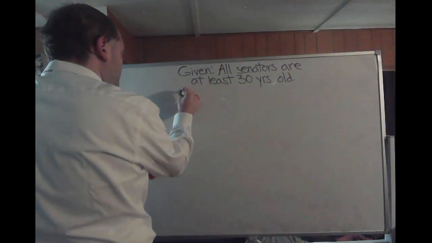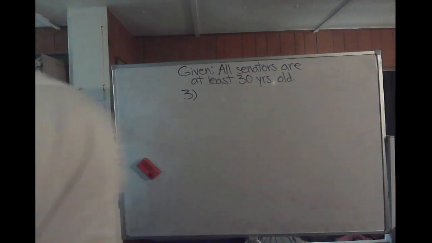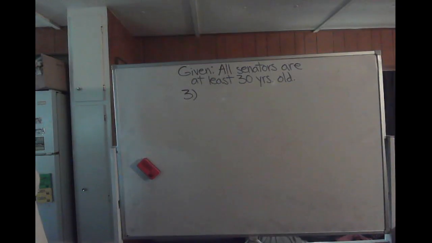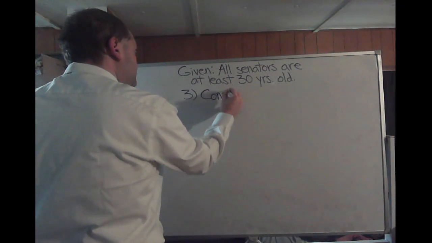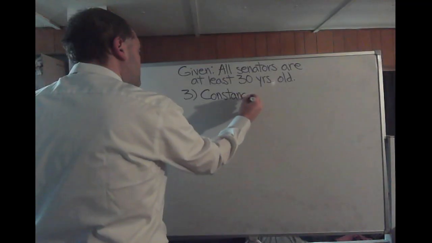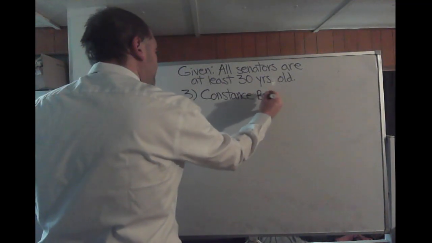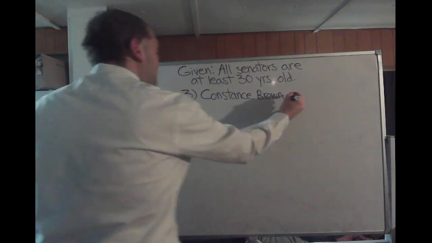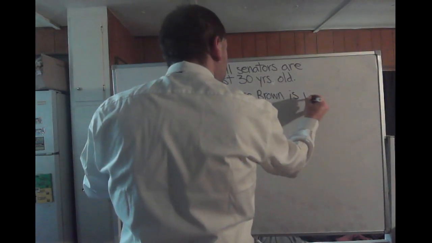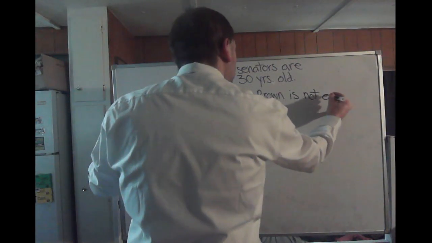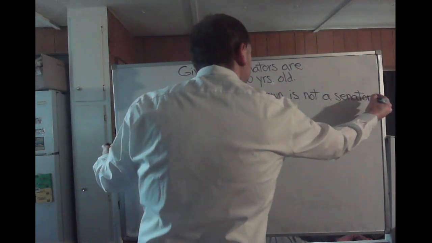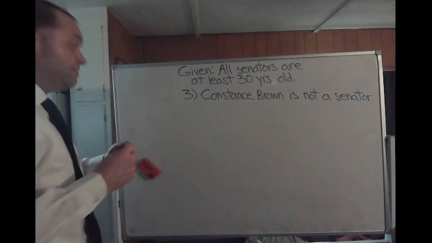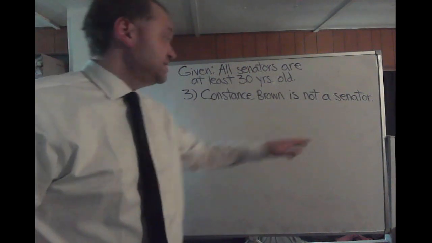Now, 2 more additional statements, then we're done for the day. So the third statement is Constance Brown is not a senator. So the third statement is that Constance Brown is not a senator.